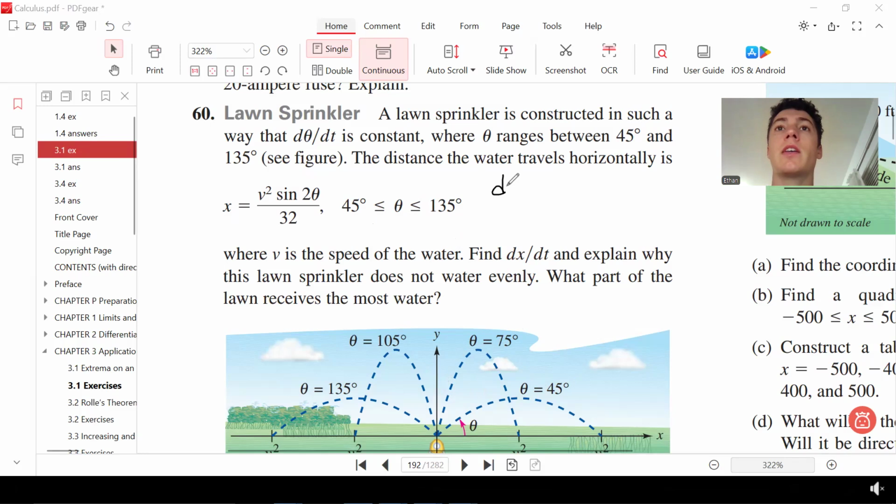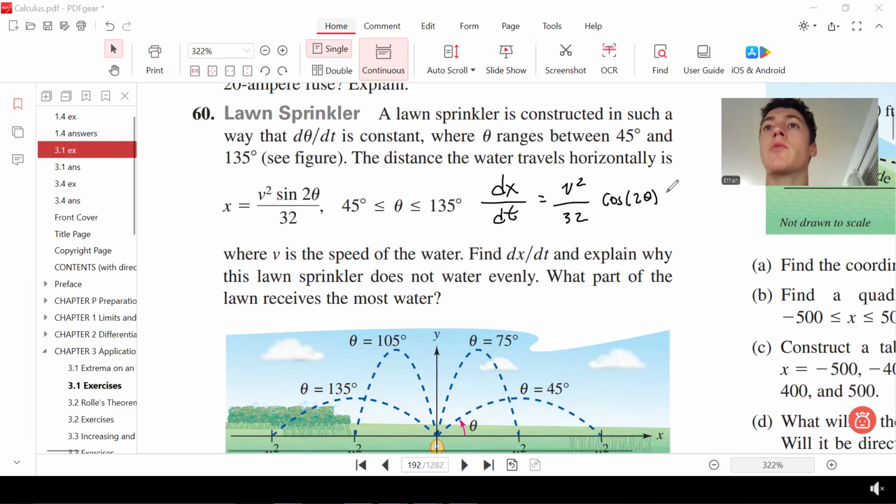Okay, so dx/dt is going to be equal to, I'm just going to take out our constants. So these are the constants. And then the derivative of sine of 2 theta is just cosine of 2 theta.